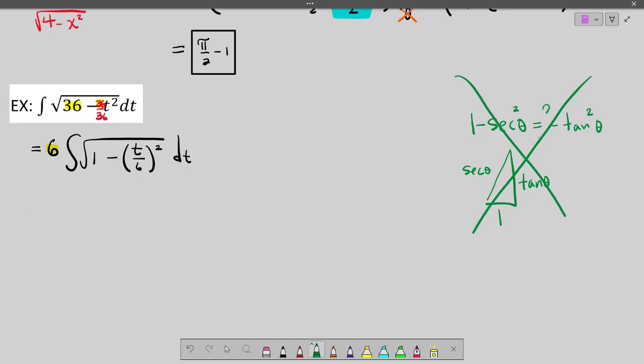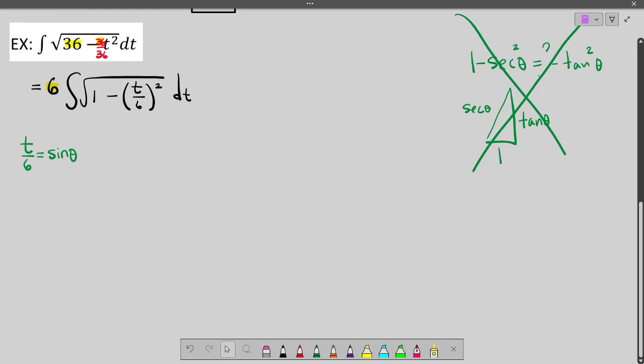So we are going to take the t divided by 6. We're going to make that sine of theta. And if it's easier for you to put the 6 over here before you take the derivative, totally fine. It's up to you. So then dt will be 6 cosine theta d theta.